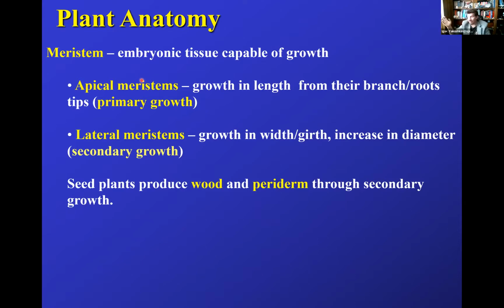This is how any kind of tree will grow tall or go deep into the ground due to apical meristems. Whenever the tree is getting thicker, increasing its diameter, that's the lateral sideways meristems, which is also known as a secondary growth. And usually those particular lateral meristems will produce something which is known as a wood. And we'll talk a little bit about that.